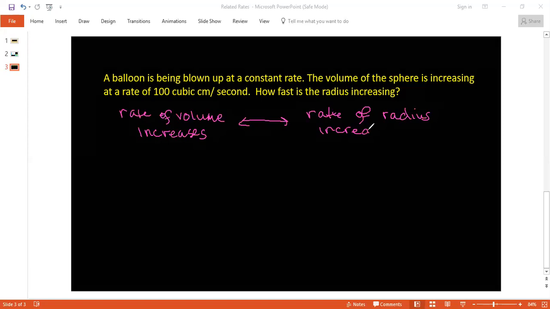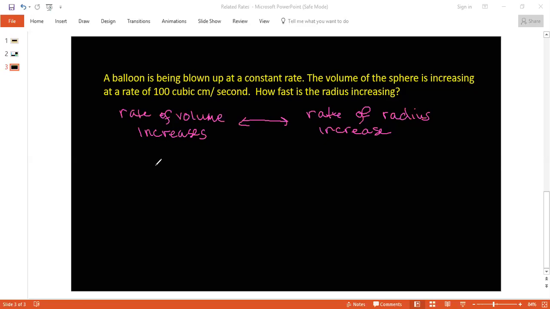Because as the volume of the sphere gets bigger, then the radius of the sphere gets bigger. And also, as the radius of the sphere gets bigger, then the volume of the sphere gets bigger.